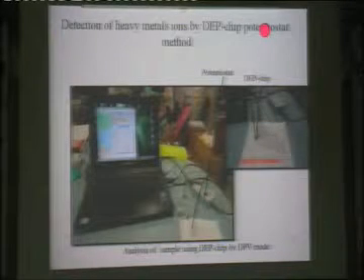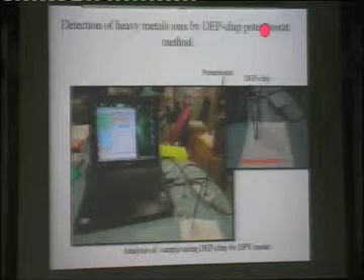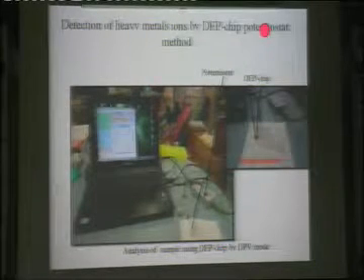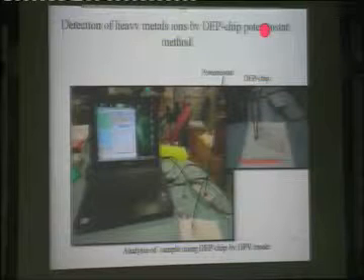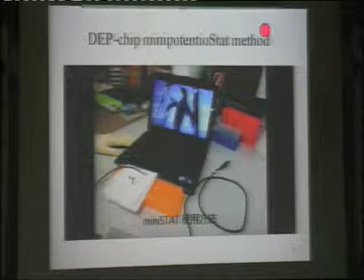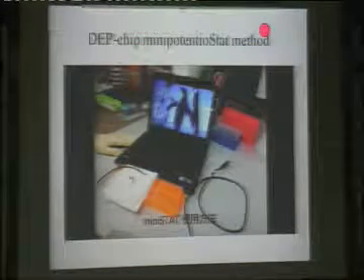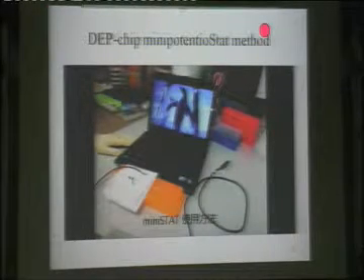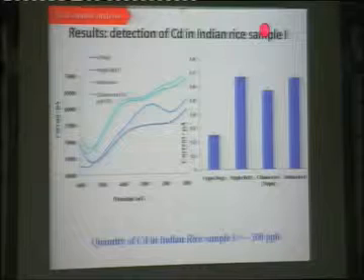Before using the DAP chip for the measurement of these heavy metals, here is the preparation we have to do. We have taken 2 gram of rice powder and heated it overnight in acidic digestion.